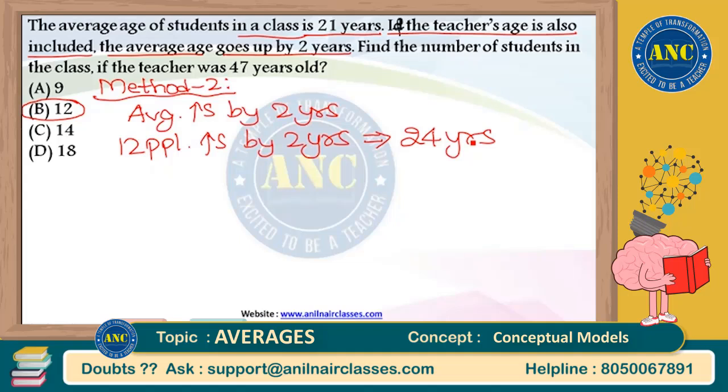Now, listen carefully. The total sum increases by 24 years. And a 2-year increase means the new average age becomes 23 years. That means the new average age is 23, so all the 13 people are 23 years right now, including the teacher.